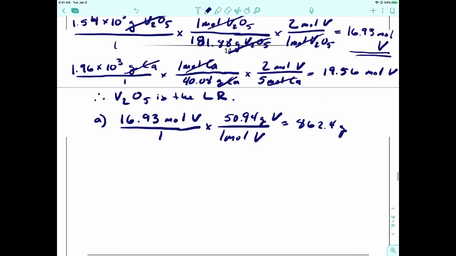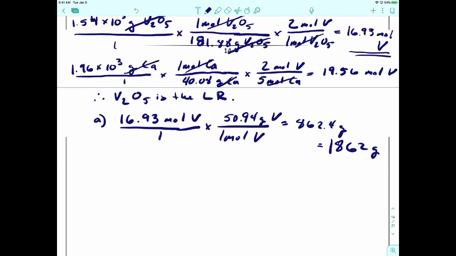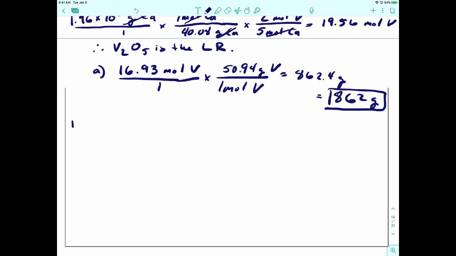We have to report this with the right number of sig figs, so this would be 862 grams. All right, so that's part A. And again, keep in mind, that's the theoretical yield.